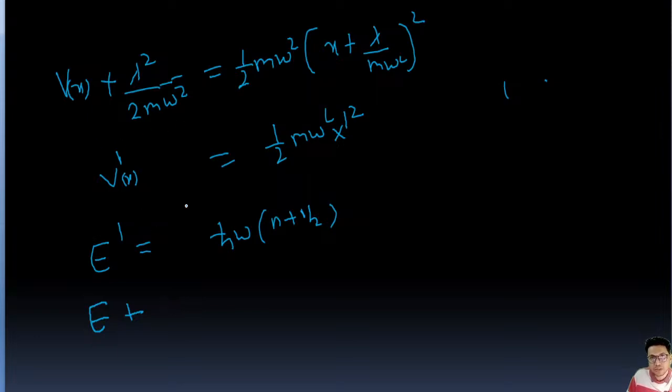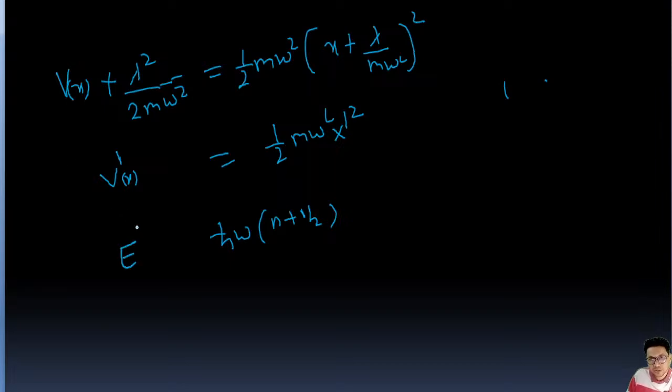We say this is the E, right? And this is going to be lambda square upon 2m omega square, right? So the total energy is going to be E dash.